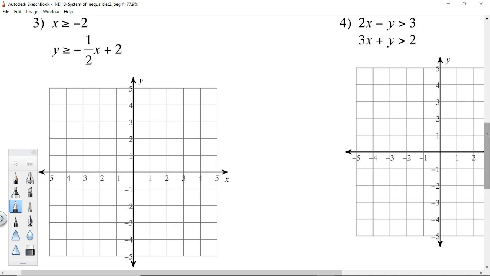You see the first equation does not even have a y in it. So we've got to think about how we're going to graph that one. The second one is in slope-intercept form though, so that helps. So let's see here.